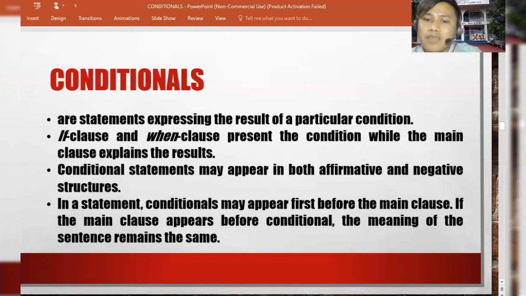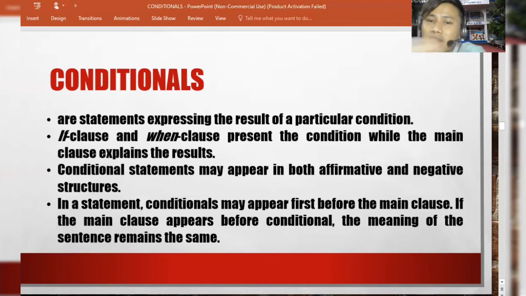It also says here that conditionals are also called if clause and or when clause. That is the other term for conditionals. Do not forget that. Conditionals are also called the if clauses or the when clauses.